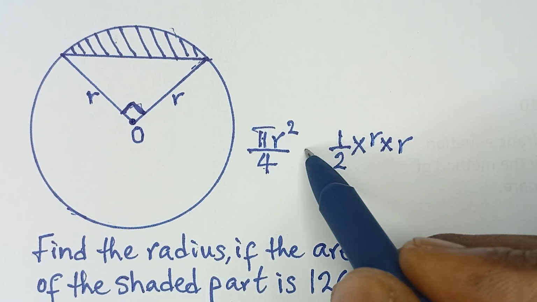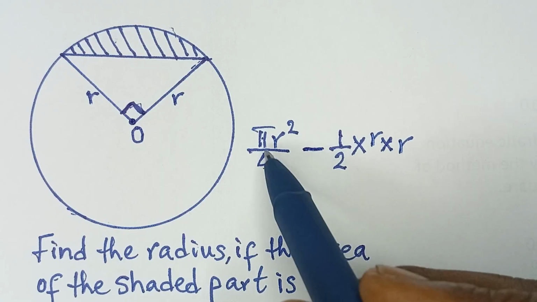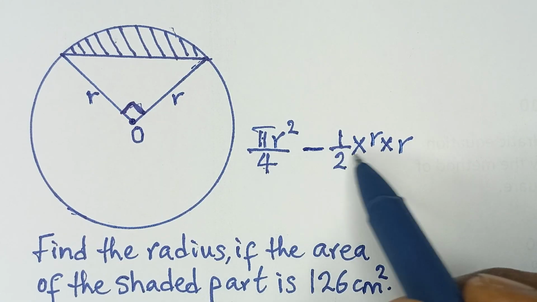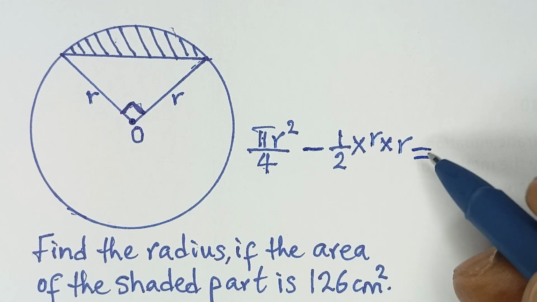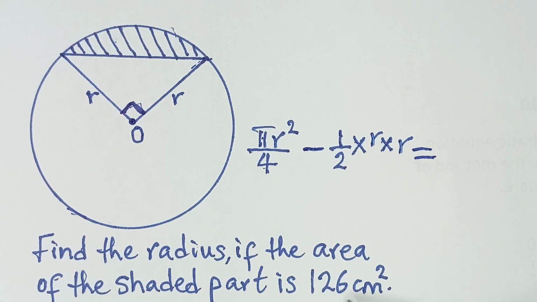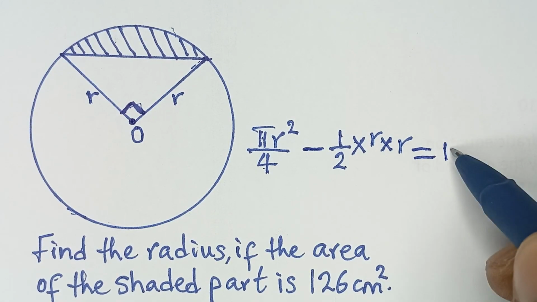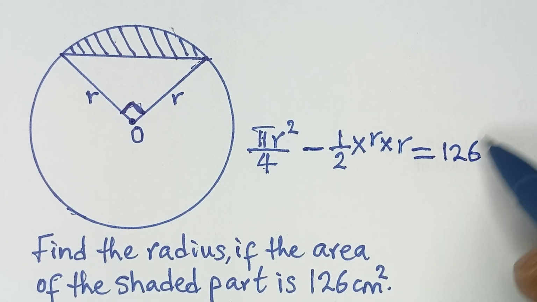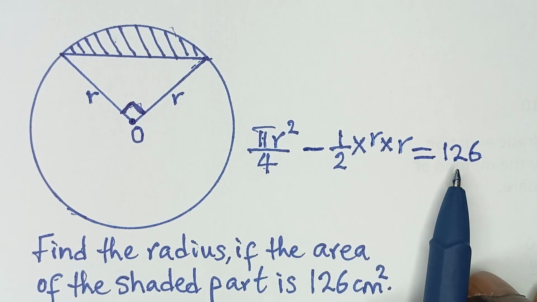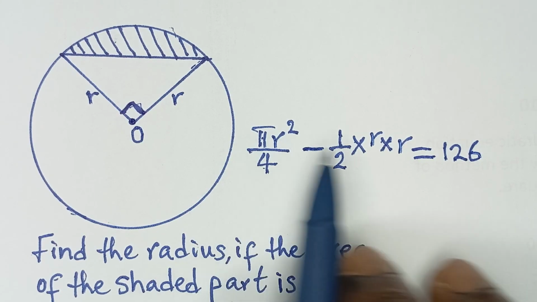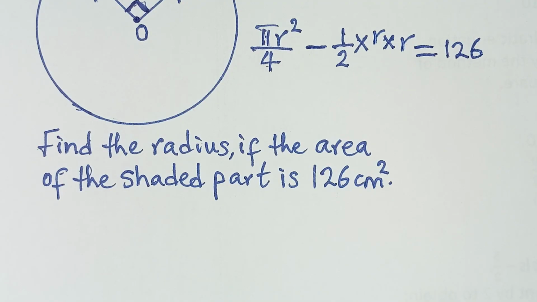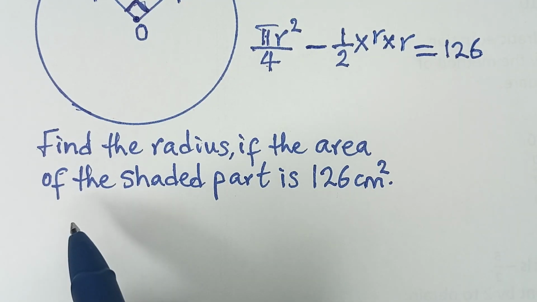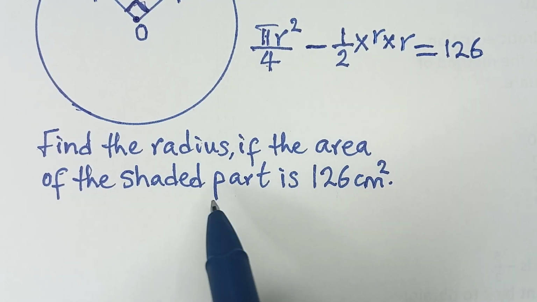So I'm going to put a minus here to indicate that the area of the sector minus the area of the triangle is equal to the area of the shaded part, which is 126. So this is the basis for our equation that we're going to use to find the value of the radius.